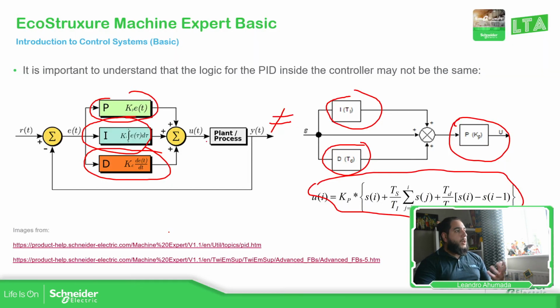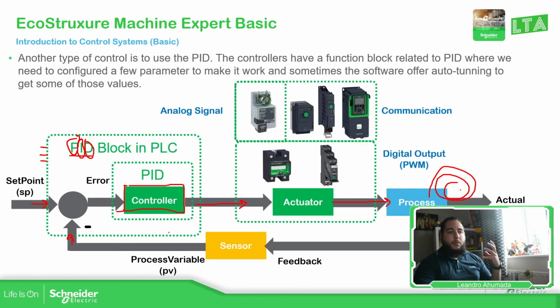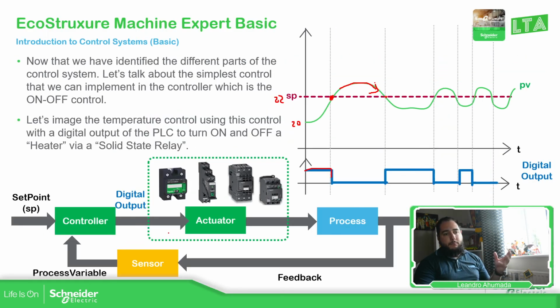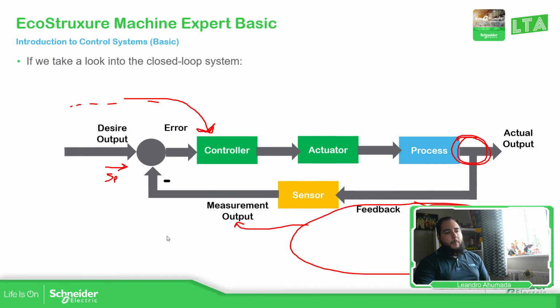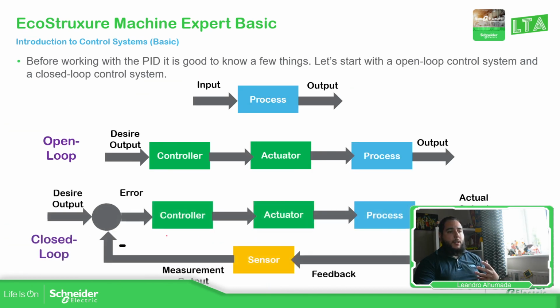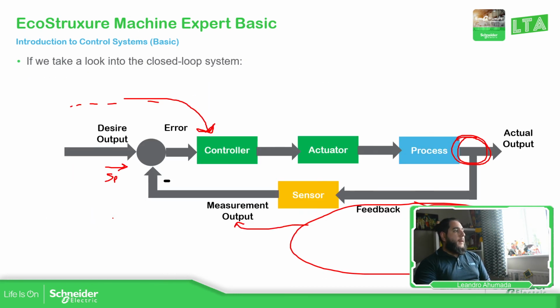But what I wanted to do here is to give you a quick idea about the different kinds of systems and how we can differentiate them, and we're going to focus only on the closed loop so we have more control in what we're going to do. As you can see over here, we have the feedback. When we have the feedback, we should be able to control, or ideally try to control, what we want in the process.